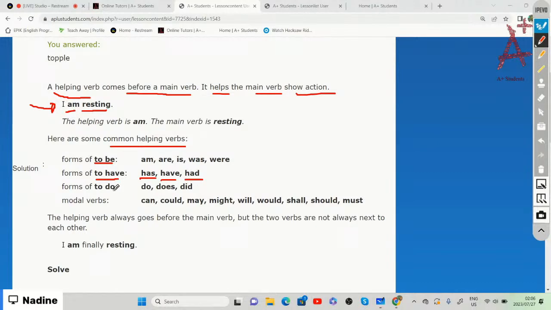Then we have some common helping verbs which form to do. For example, do, does, did. So these are the common helping verbs which form to do.